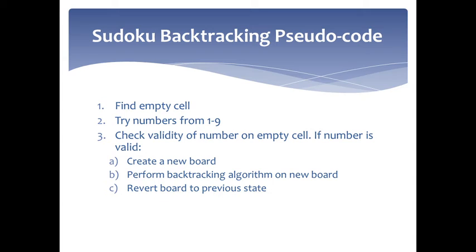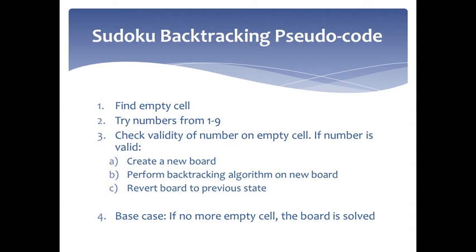Then, if it is valid, we create or update the new board, which represents the candidate to the solutions of the puzzle. Then we're going to perform the backtracking algorithm to solve that new board, which is the recursive part of the algorithm. And lastly, we're going to revert the board back to its previous state to check for alternative solutions.